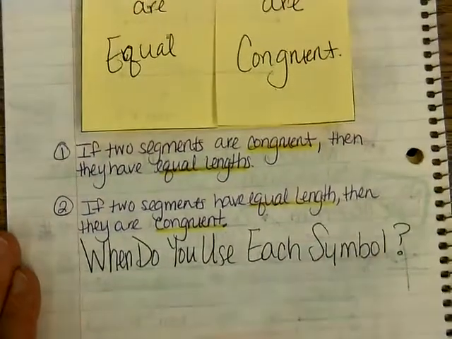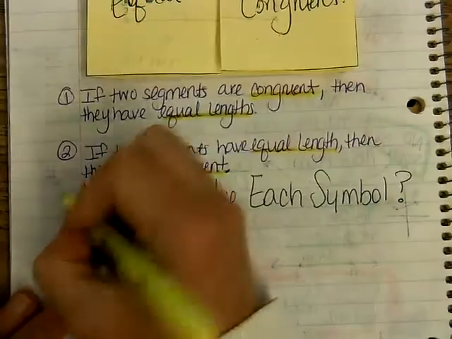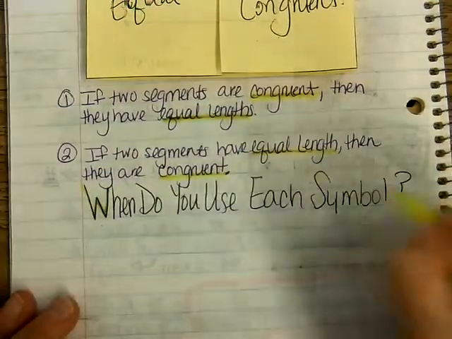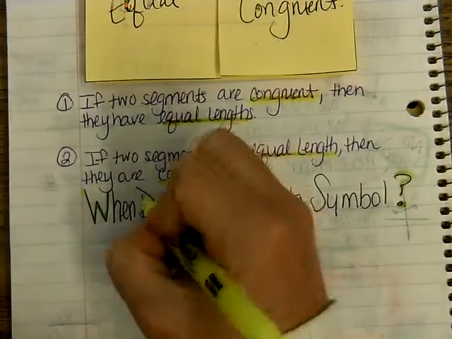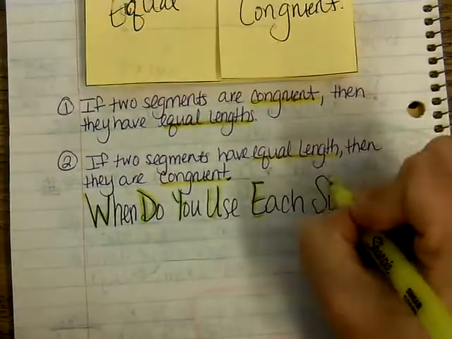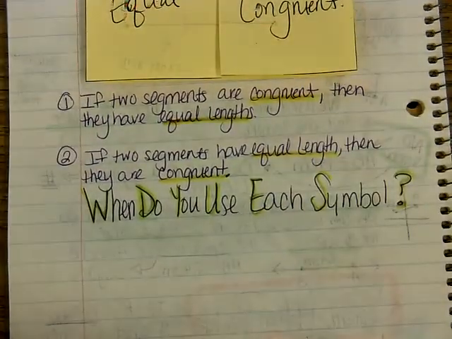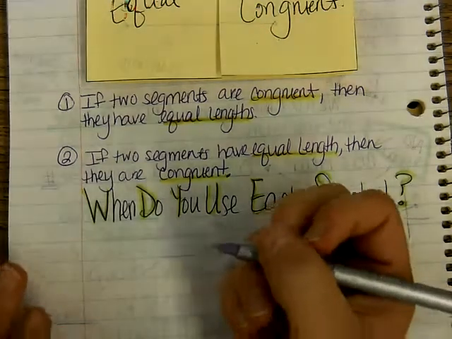That is a really big question, and I'm writing it down really, really big because this is key. This is really important. When do you use each symbol? This is big. We need to make sure that we feel comfortable with when we're going to use this.